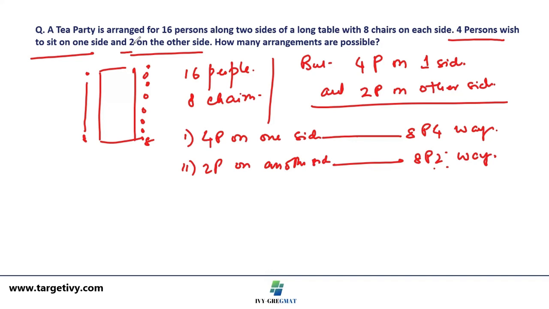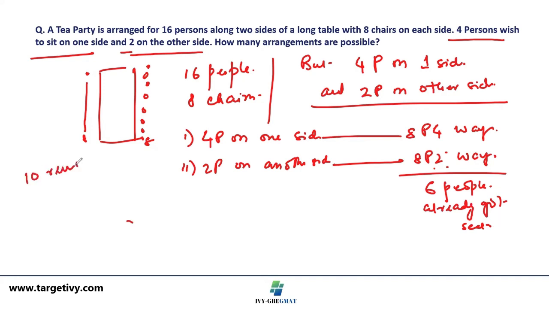Sorry, 4 plus 2, 6 people already taken care of. So there are 6 people already seated. We have got 10 remaining out of the 16 people. So 16 minus 6 makes it 10.